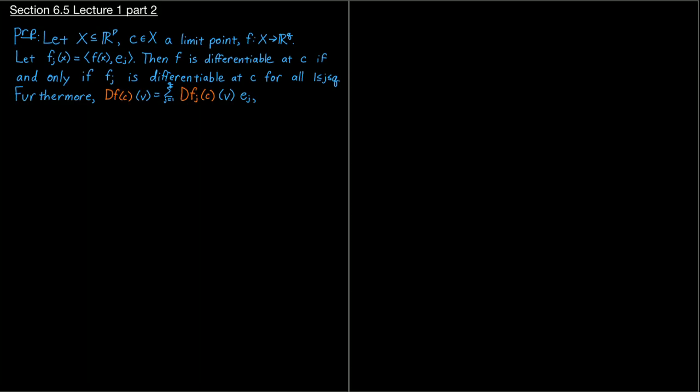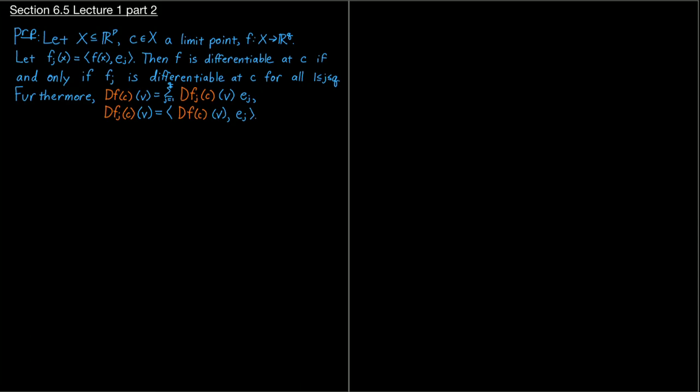And so you can write, on the other hand, if you know what df is, you can figure out what df sub j is. Df sub j of C is a function where if you put in the vector v, you get out the inner product of df of C of v with e sub j.